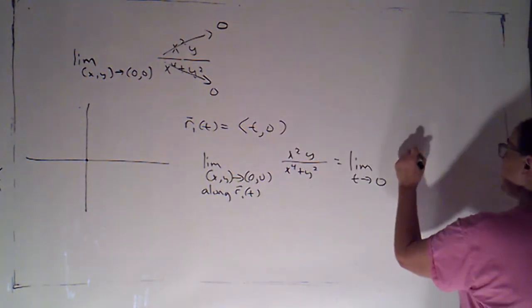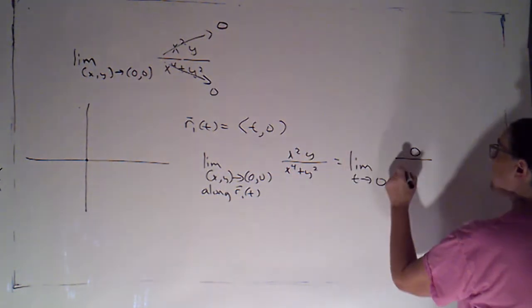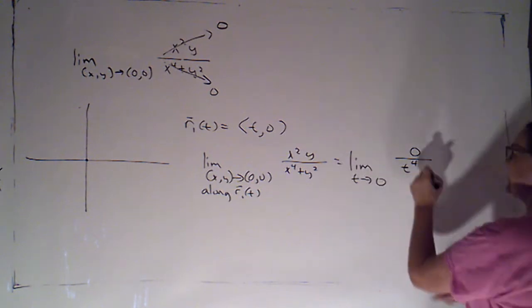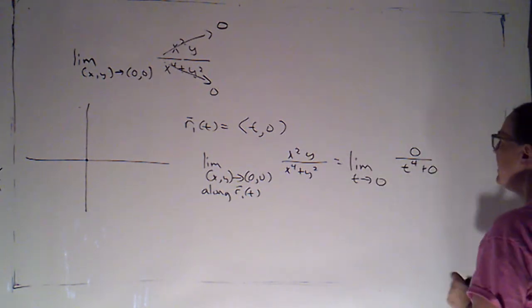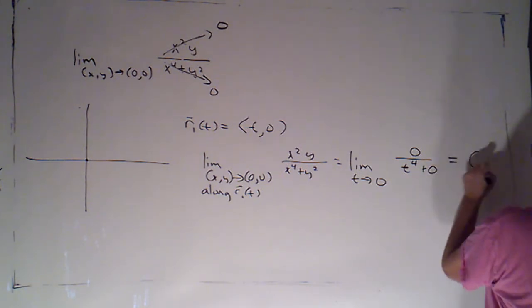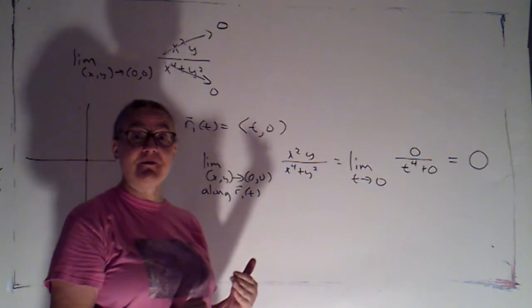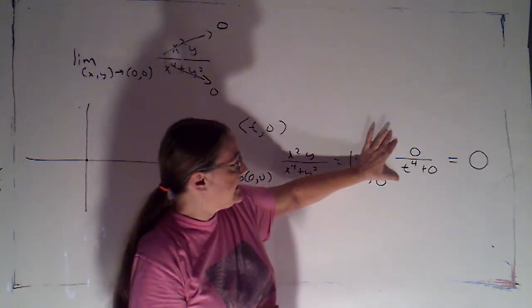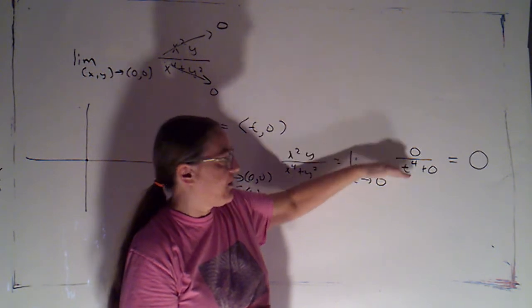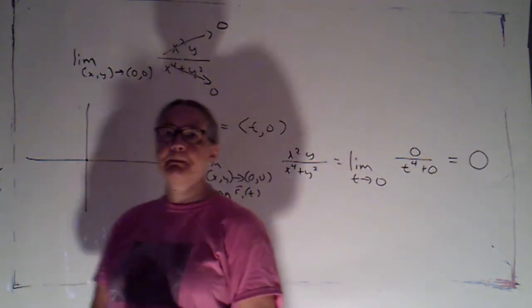So on top, I'm going to get 0 because I'm getting 0 times t squared. On bottom, I'm getting t to the fourth plus 0. Well, if I have literally 0 on top and not literally 0 on the bottom, that limit is 0. We've seen this before. This function of t is undefined at 0, but everywhere else I've got 0 over a non-zero number. That's going to give me 0. So the limit is 0.